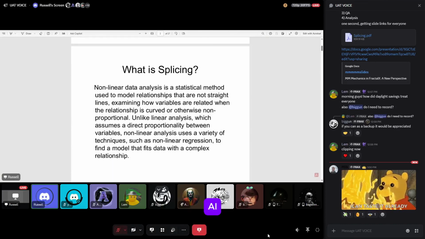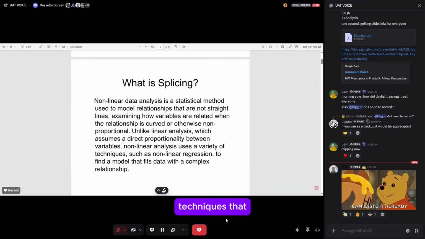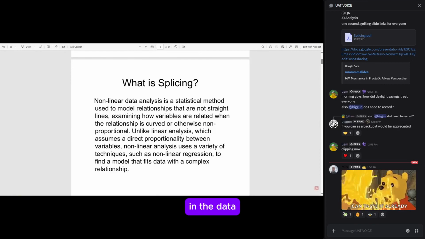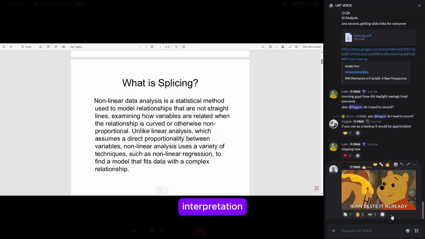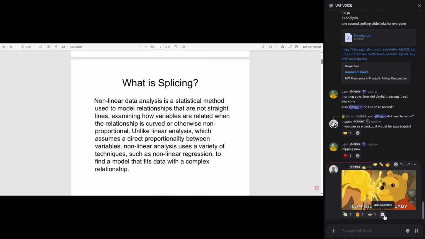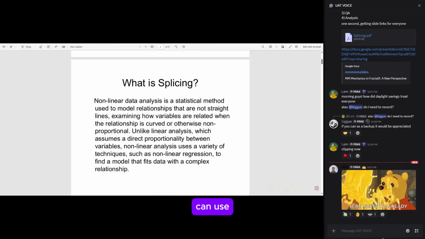I hate that word AI, but it's using techniques that figure out the relationship in the data. Our system combines a neural net and some other stuff to show the data to us, so it's a raw interpretation of what the market's doing. And with that, we can use inference to figure out things we can do to take advantage of that.